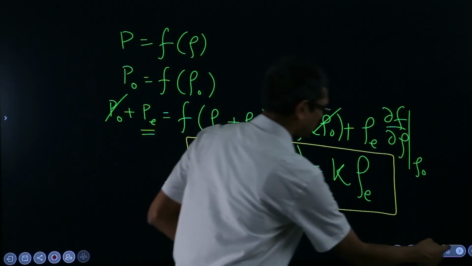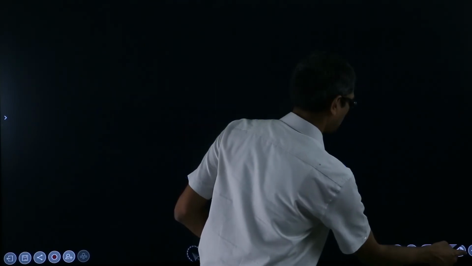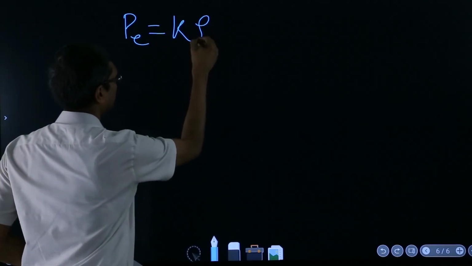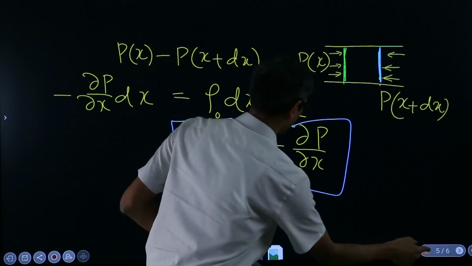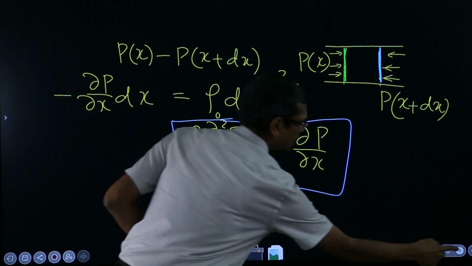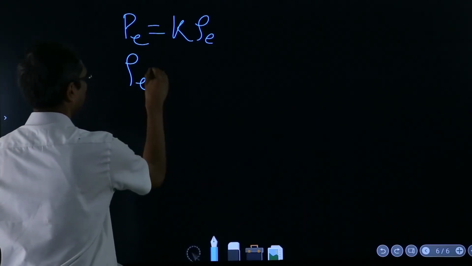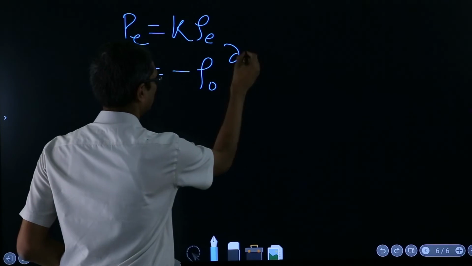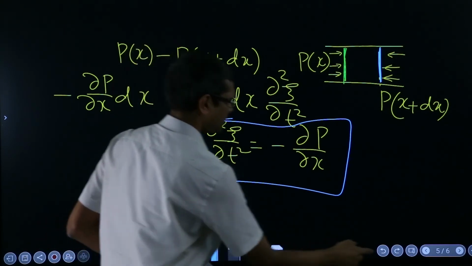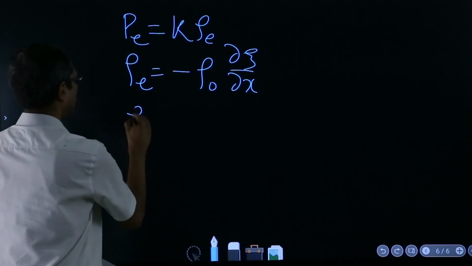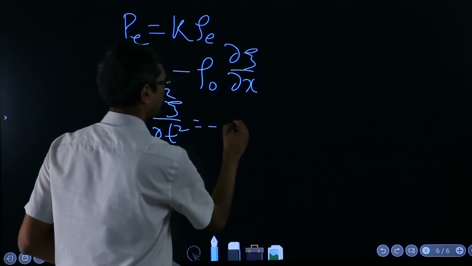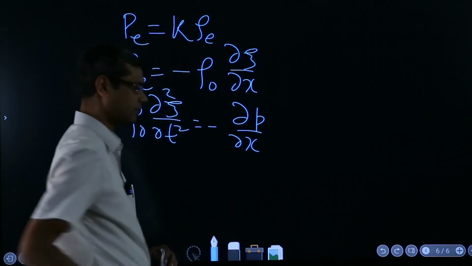The excess pressure PE is some constant times rho E. Then we had this one, rho E is negative of rho naught times this, and the last one which we got is this, rho naught d. Fine.